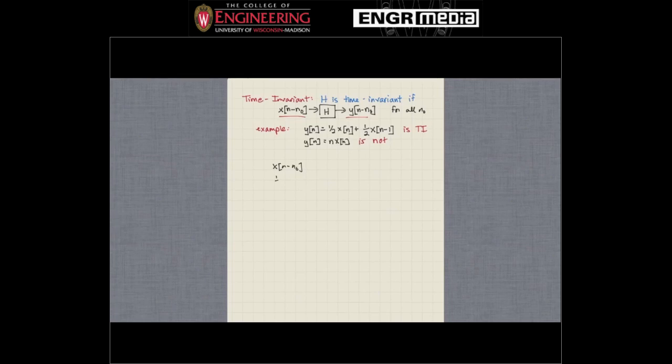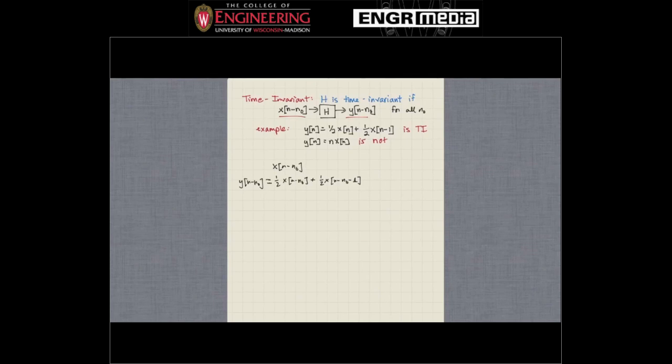Well, we get 1/2 x of n minus n naught, plus 1/2 x of n minus n naught minus 1. And that's exactly the same as if we were to just take the original output, y of n, and delay that by some number of samples n naught. So this is just equal to the original output delayed by n naught.